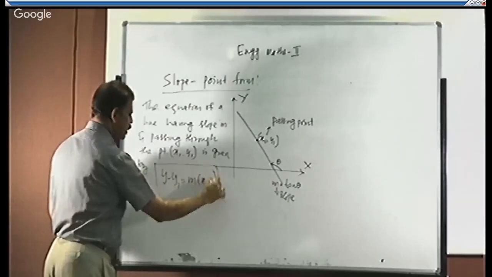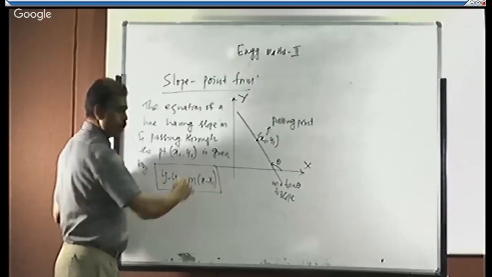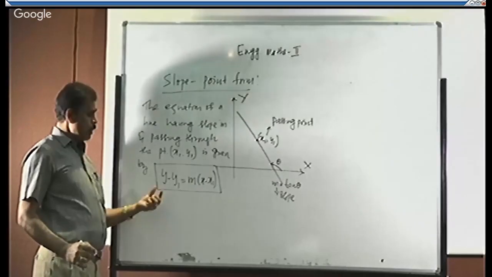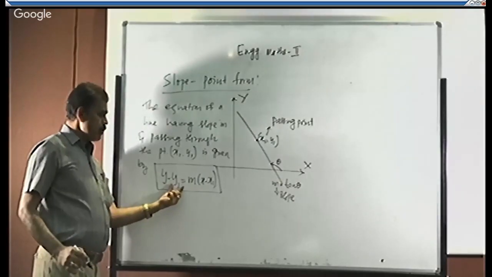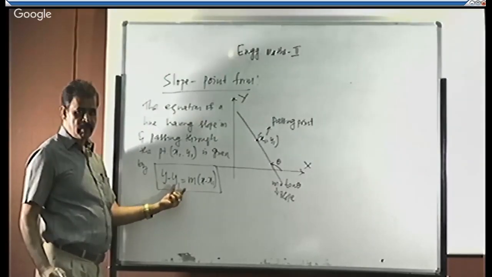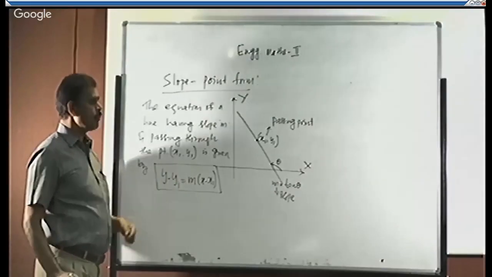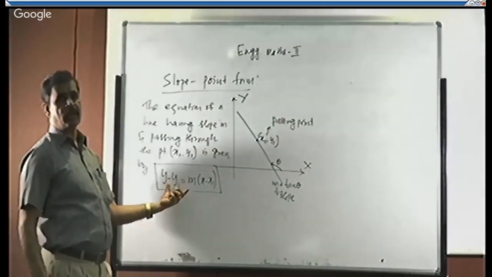So this is called slope point form. We have a derivation for this equation. In our syllabus, the derivation is out of scope.